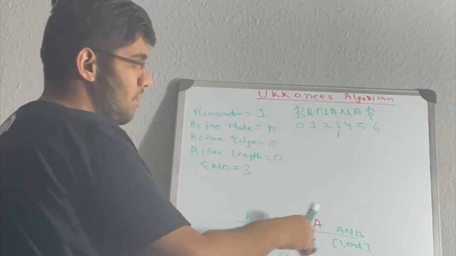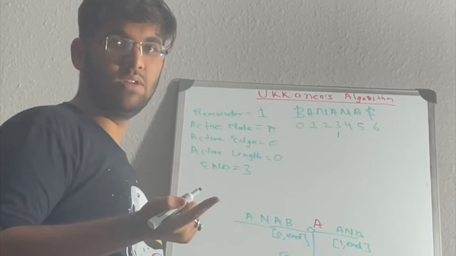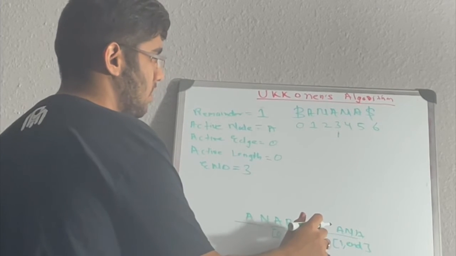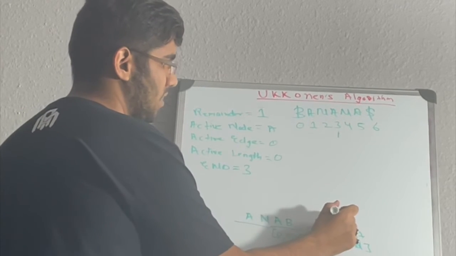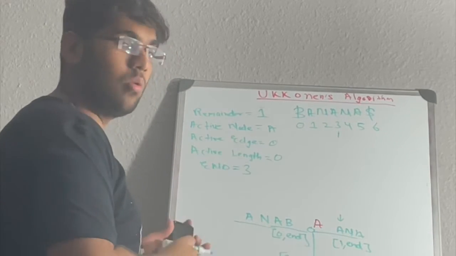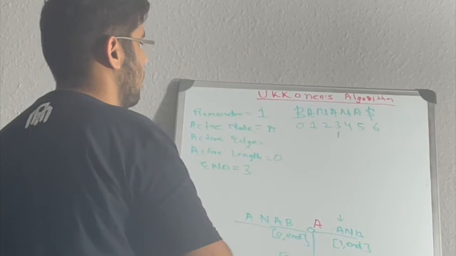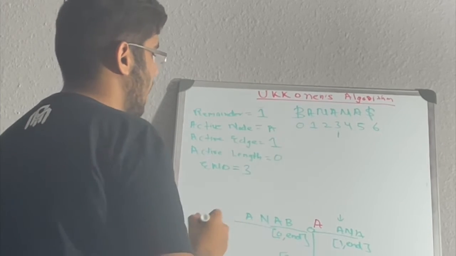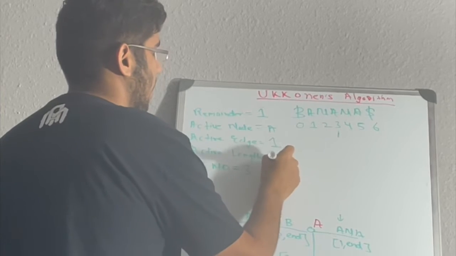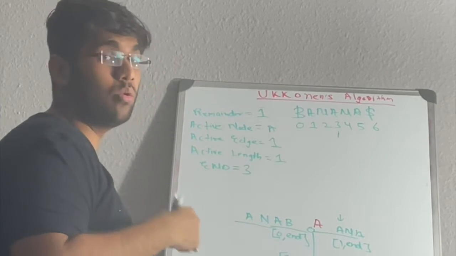As now we don't create a new leaf, what we do is change the active node. Our active node becomes this, so our active edge value becomes 1, our active length also becomes 1. And now we can go to the next phase.